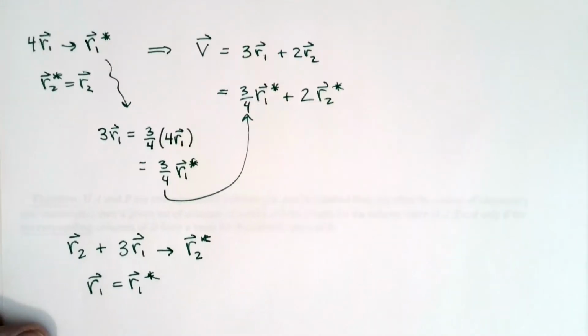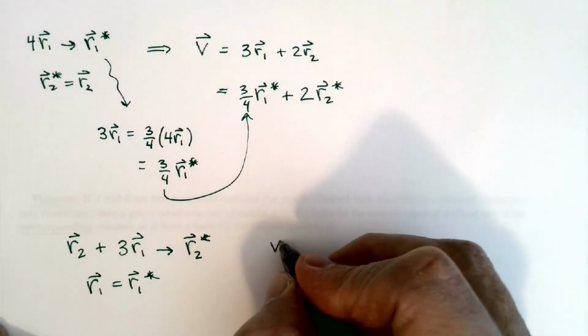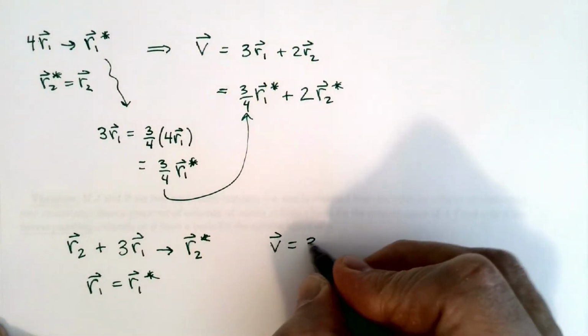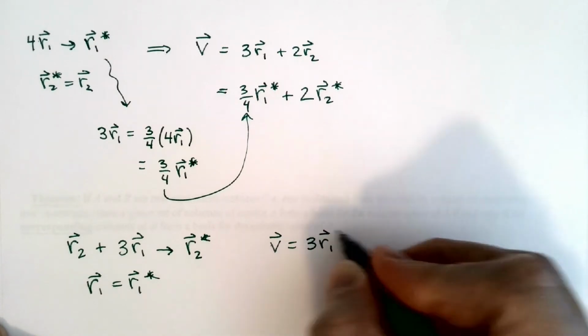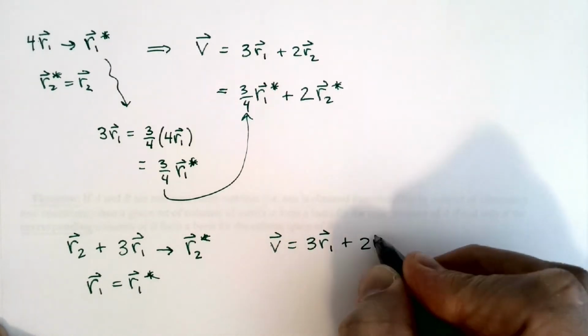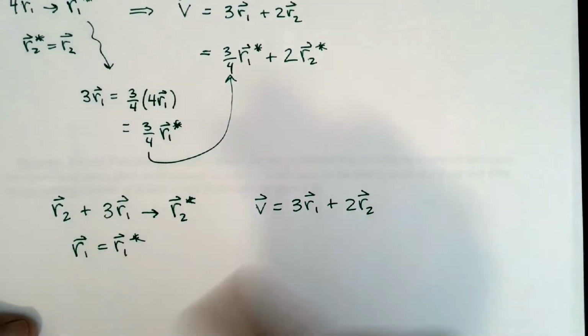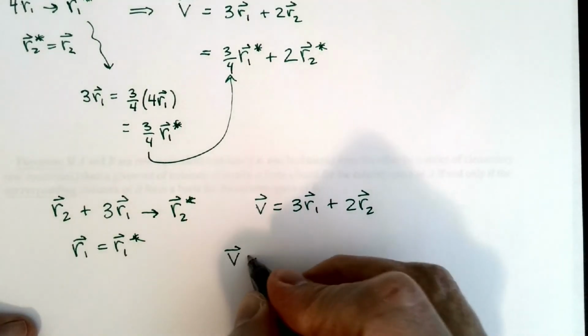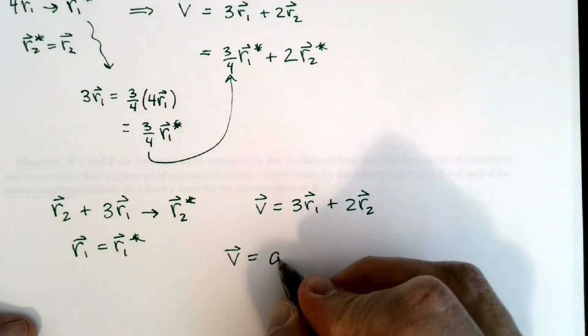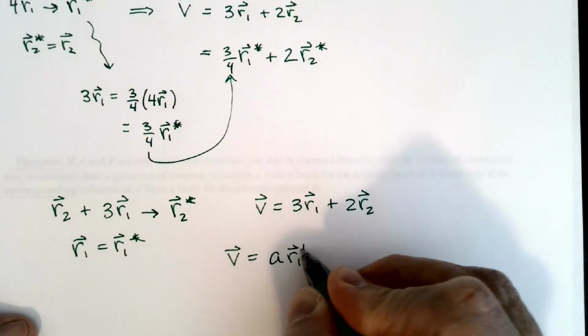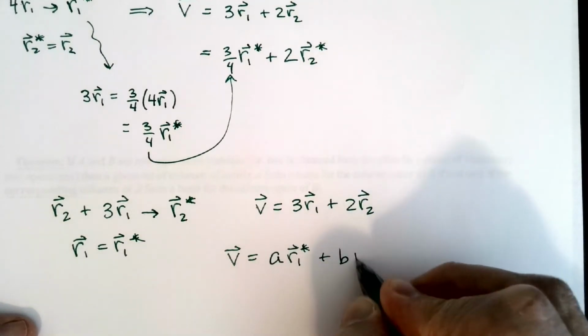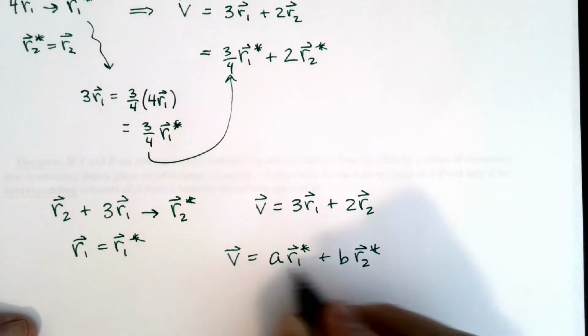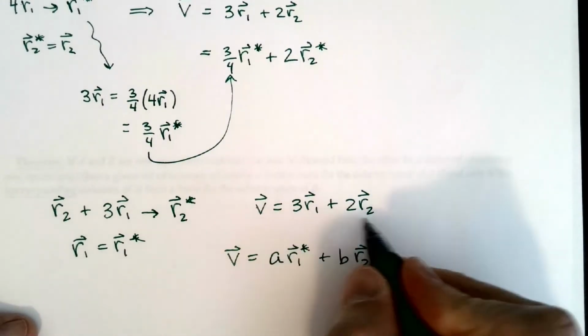That's not changed. Okay, so let's say we have V again is 3 row 1 plus 2 row 2. Now V is equal to, let's do A row 1 star plus B row 2 star. So can I do this? Can I find A and B that's going to work that's the same as this?